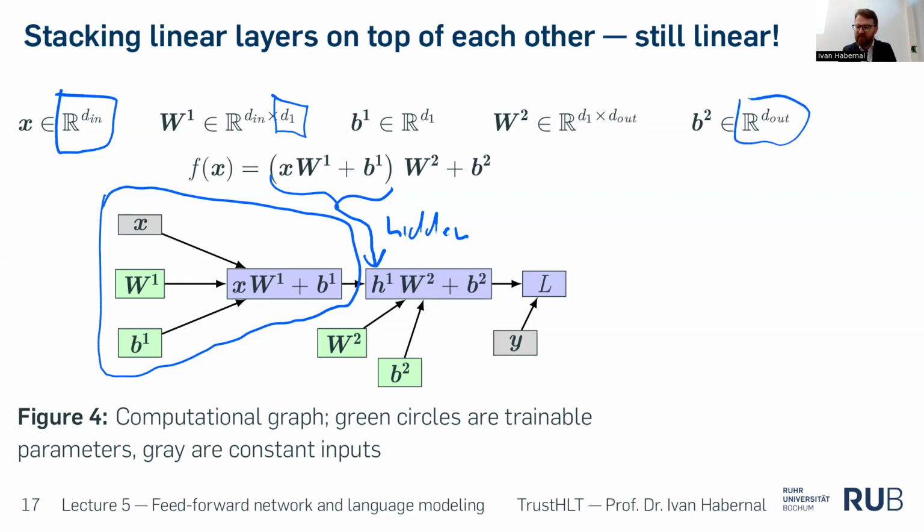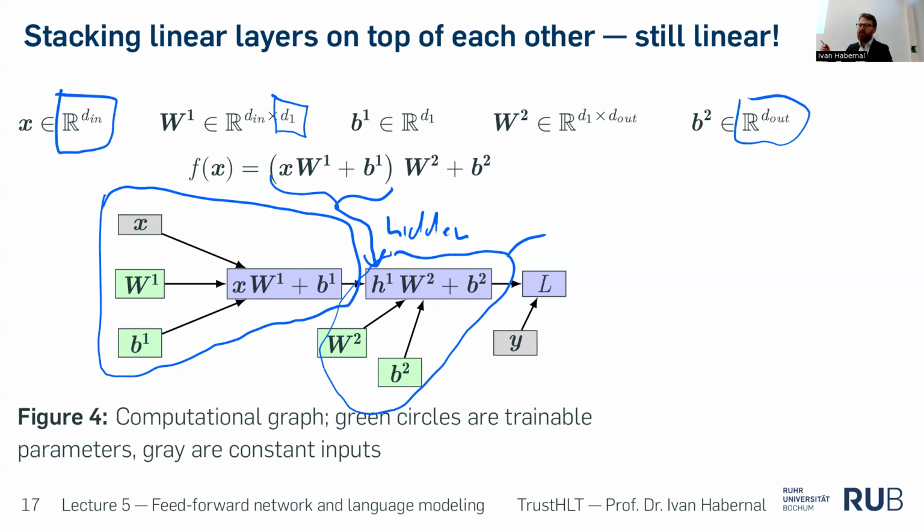So there are two linear projections. Now, if we train this and learn these W's, the parameters, we don't know what's in the hidden layer. We don't know the semantics of that. It could be something meaningful, it couldn't be, who knows? But we are just projecting two times after each other.